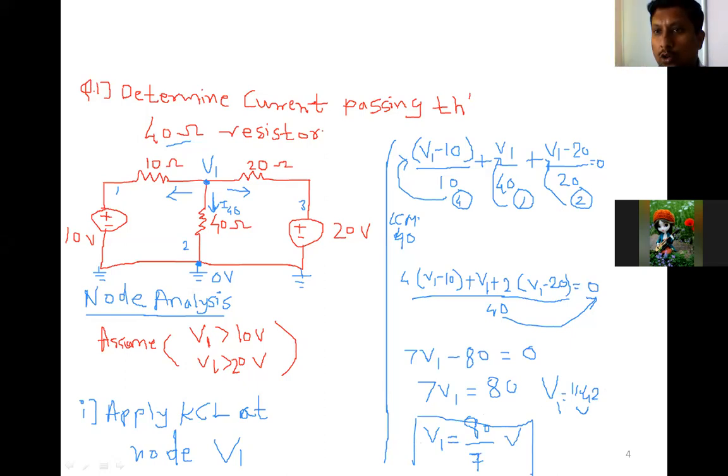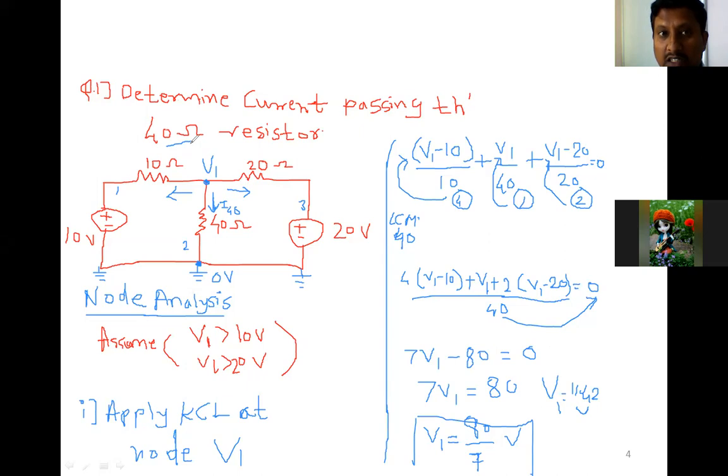So you got the node voltage. So the first 4 steps are now over. In the third step you applied the KCL and got the equation. But as only one principal node is there except ground, only one unknown will be there, so steps 3 and 4 are combined here. So what will be the fifth step? We need to find out the current passing through this 40.